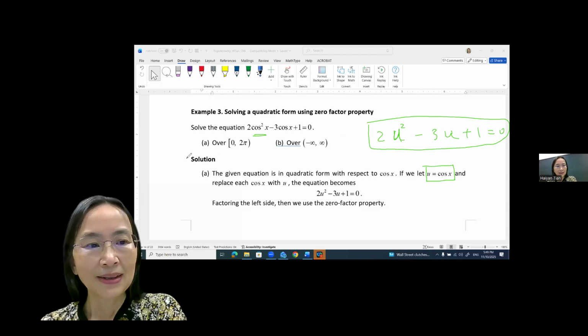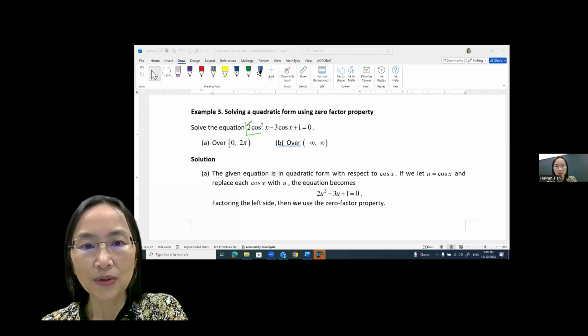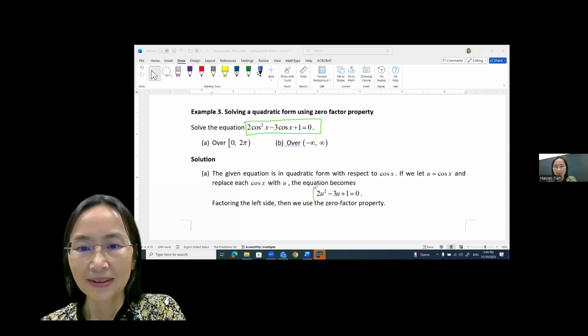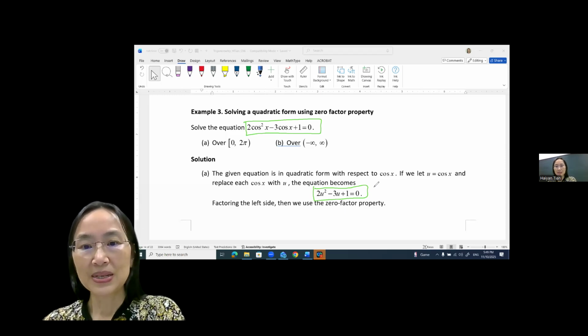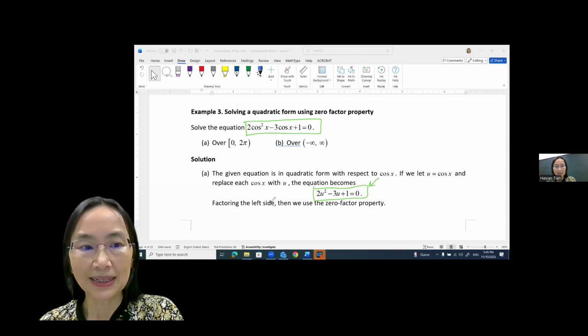So that means this equation is a quadratic equation of cosine x, right? If we treat cosine x as a single variable u, then we see the quadratic form immediately.